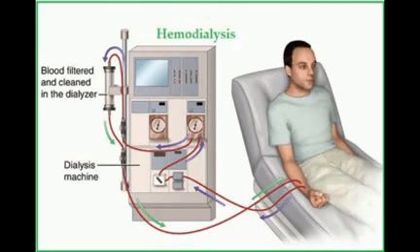Next point that we will discuss now, I will explain to you, that is artificial kidney or hemodialysis. Simply we know this one is a dialysis process. Now let us see what is dialysis.